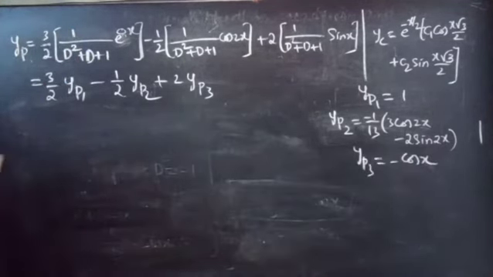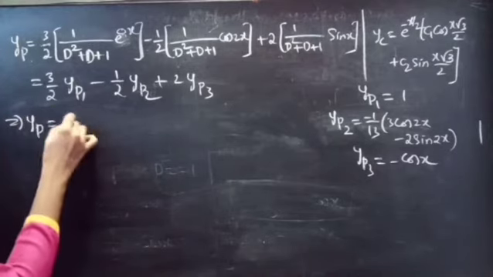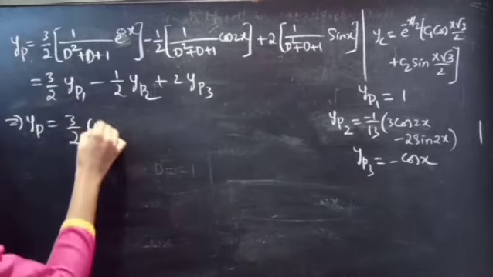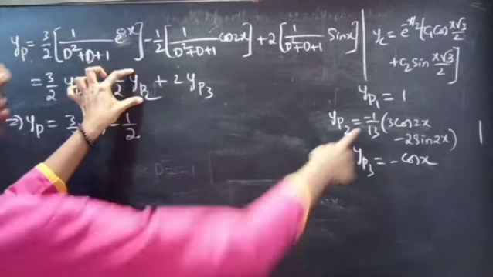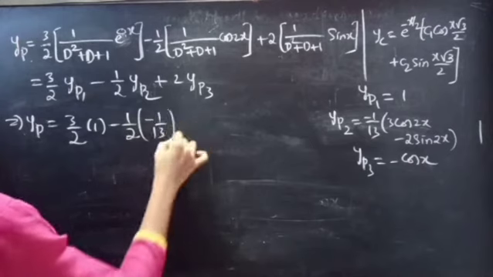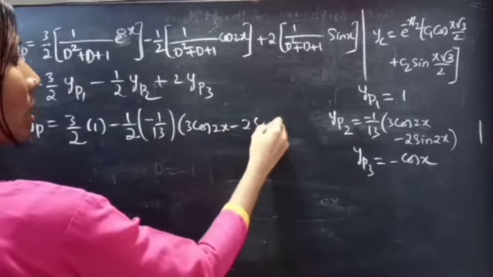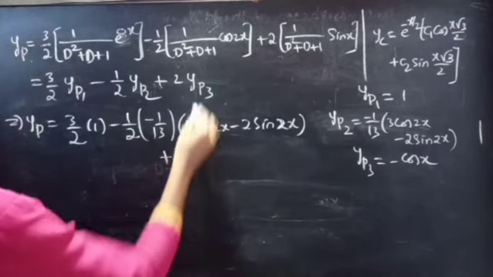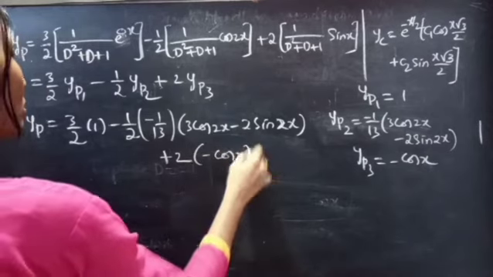Now coming to yp. The result obtained from yp1 is 1, minus 1 by 2 into the result obtained from yp2, which is minus 1 by 13 into 3 cos 2x minus 2 sin 2x, plus 2 into the result obtained from yp3, which is minus cos x.